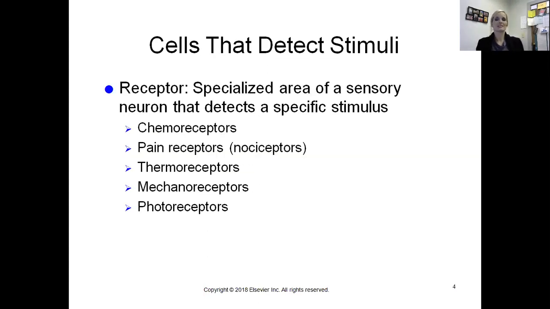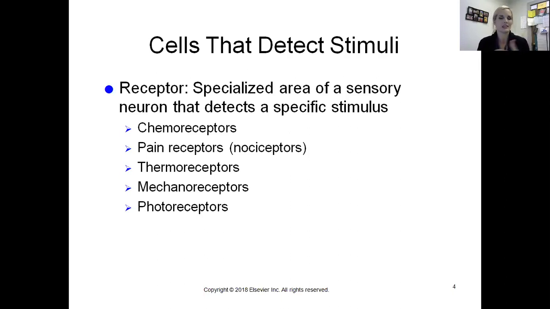Our cells that detect these stimuli are receptors. If you remember in our nervous system, we talked about receptors. A receptor is what's receiving a sensation, a change of some sort, whether it be the light turning on. I'm going to have what's called photoreceptors that respond to light in the back of my eye. I have thermoreceptors in my skin that help to respond to heat.